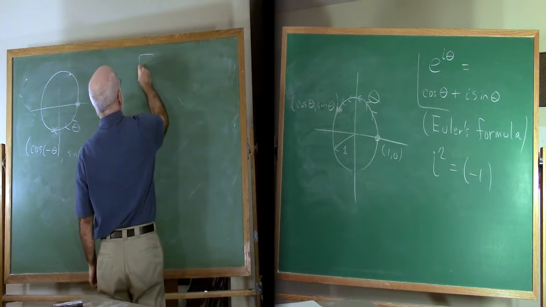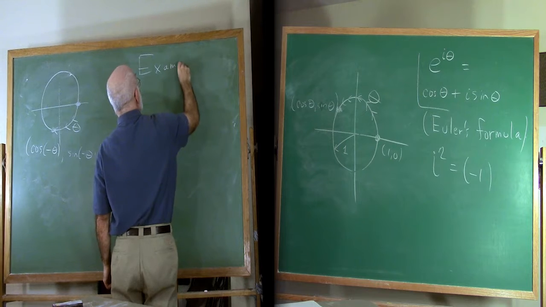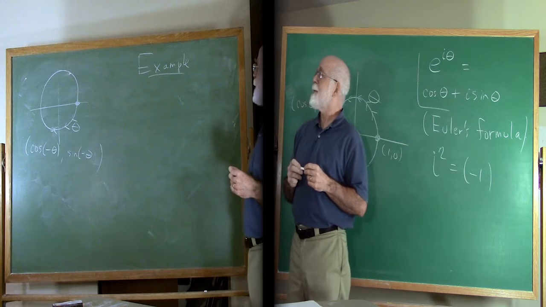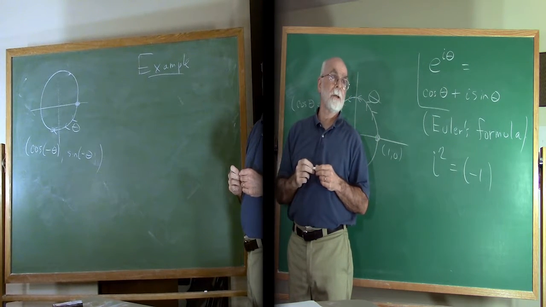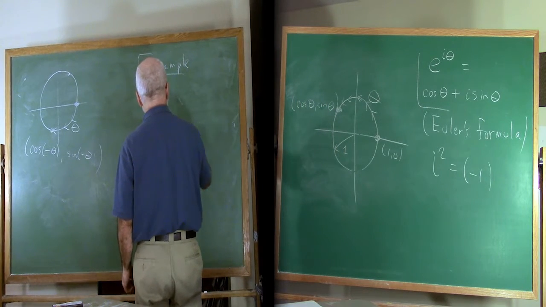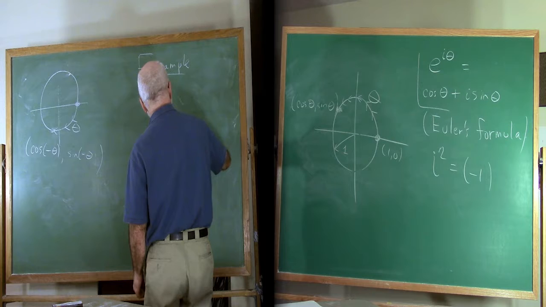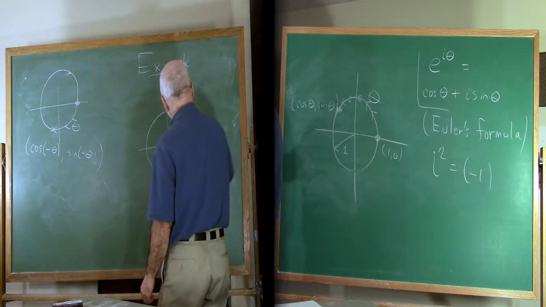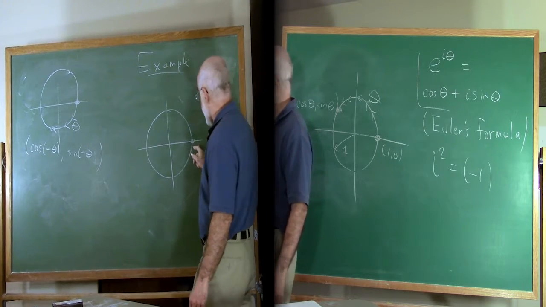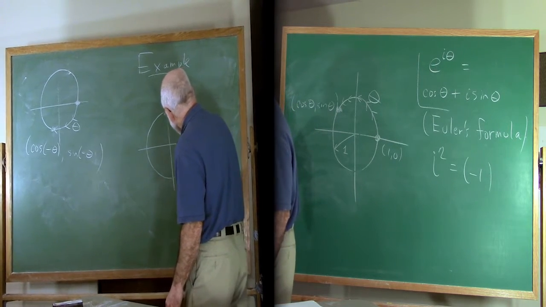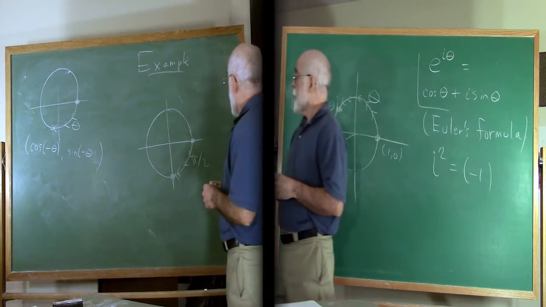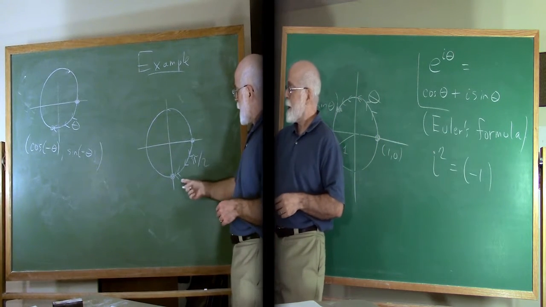For example, let's travel a distance pi over 2 on the unit circle, but clockwise. Starting at 1, 0 always. Pi over 2 is a quarter circle, so that takes you down to here. Arc length pi over 2, clockwise.